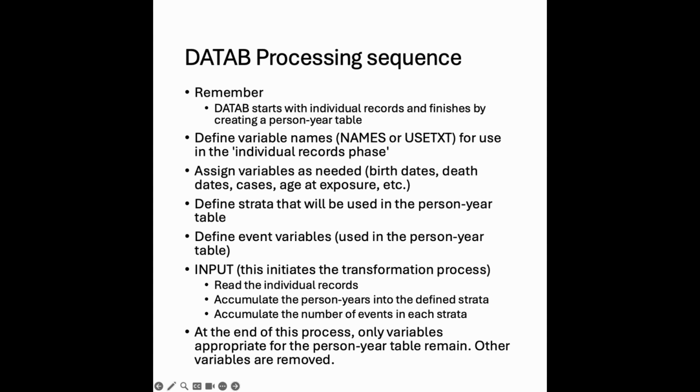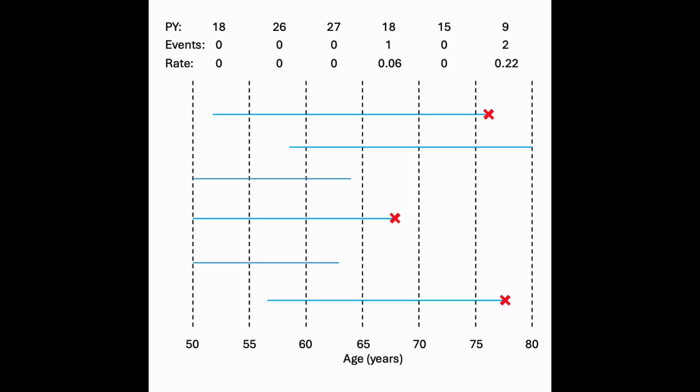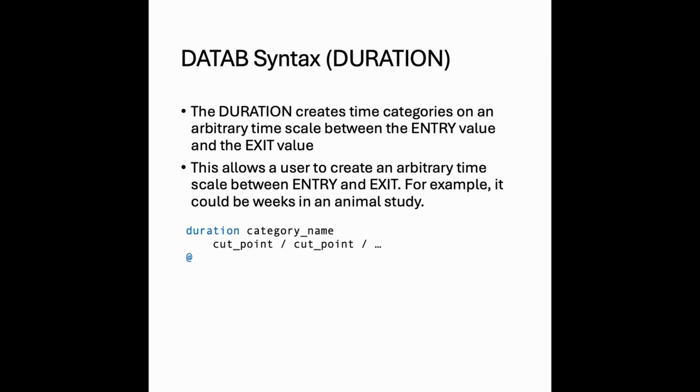Before we show how our example can be coded in Datab, one additional point must be discussed. Datab understands calendar time and calculates age from the birth date. In our example, we simply need age in and age out without the need for specific calendar dates, birth dates, or death dates. Therefore, we'll introduce a new command called duration.